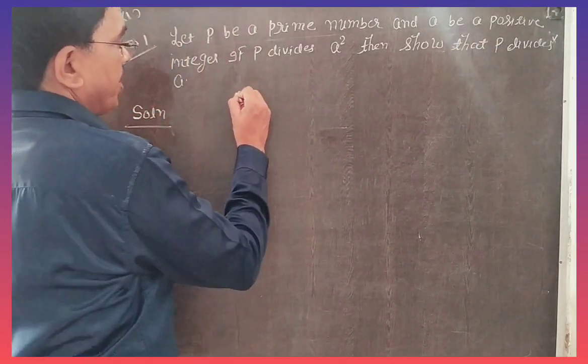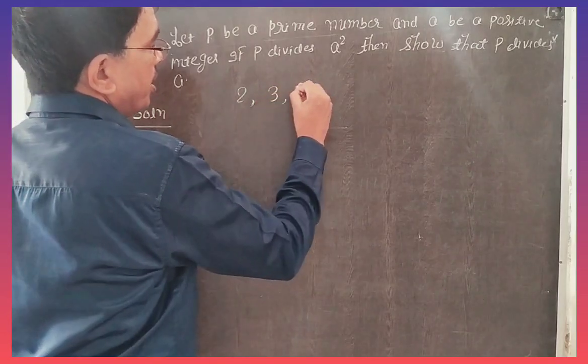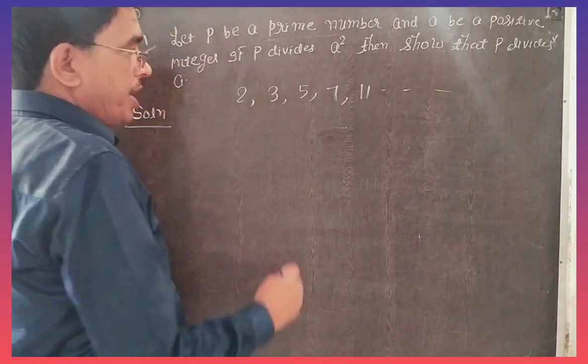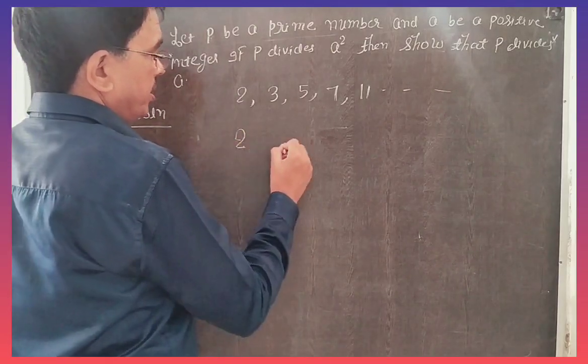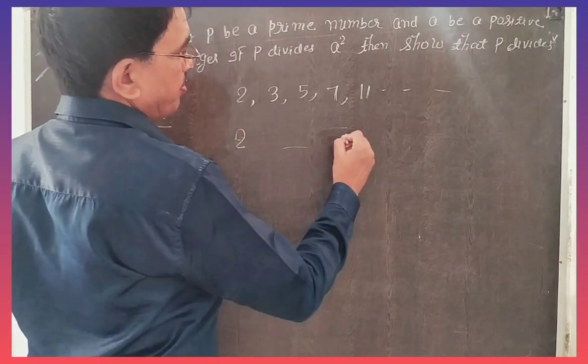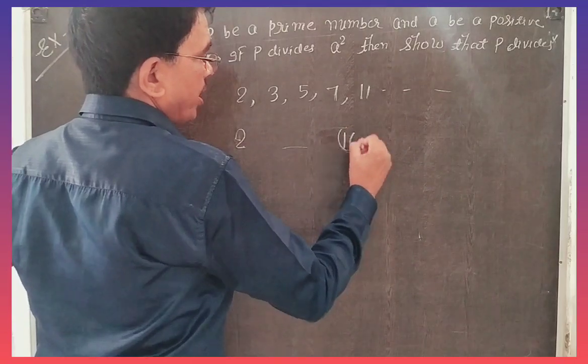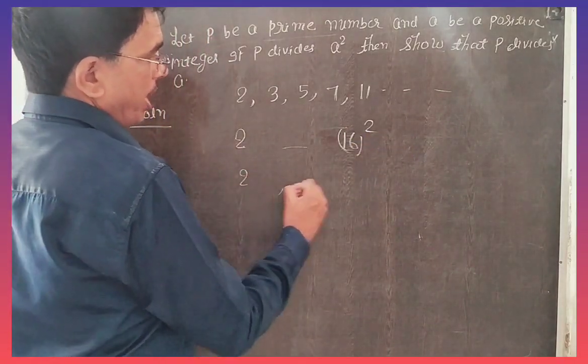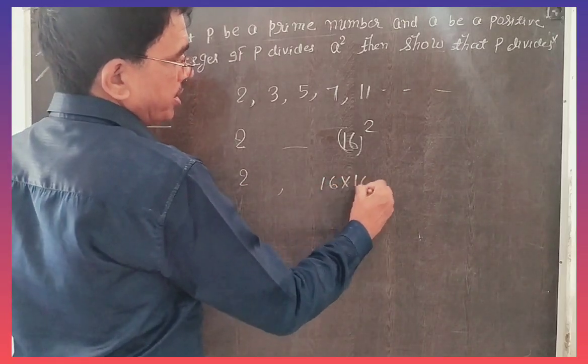Prime numbers are 2, 3, 5, 7, 11, etc. Suppose p divides a square number, say 16 square, that means p divides 16 into 16.